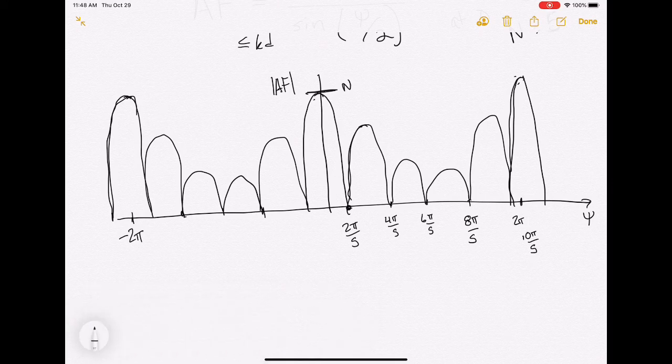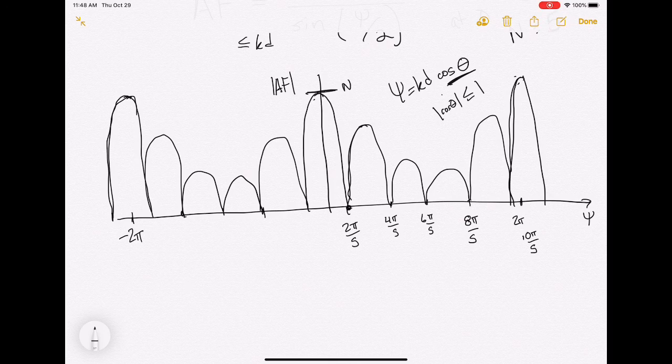Not all of the values of psi on this plot translate to values that actually exist. Because remember that psi is equal to KD cosine theta, and cosine theta is less than or equal to 1 in absolute value. Which means that psi can only vary between plus and minus KD in values. And this plot may extend wider than that.